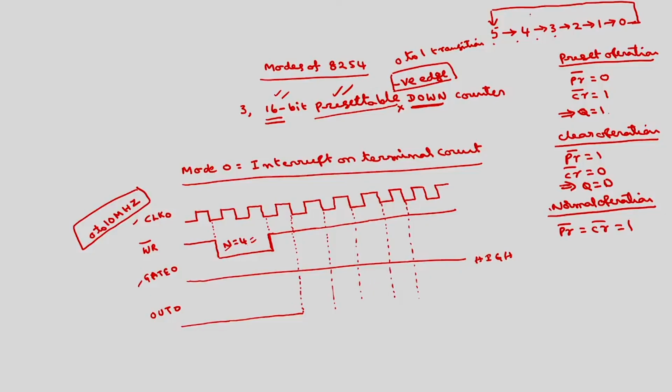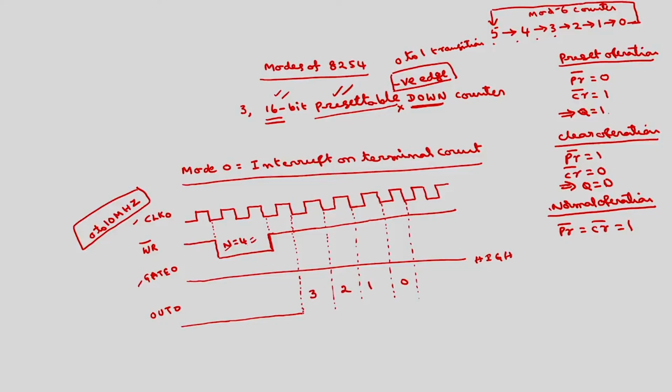Normally this is a mod 6 counter, meaning 0 to 5, but here the sequence will be 4, 3, 2, 1, 0.